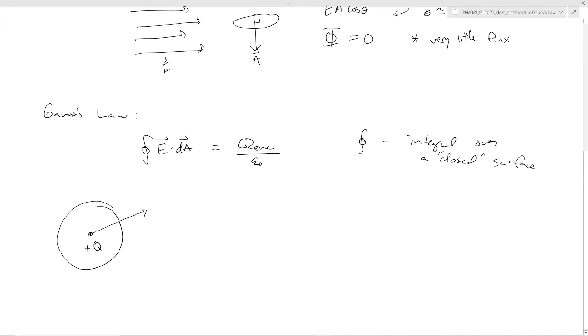And they're going to be perpendicular to the sphere. And if you think about it, the area vector would be pointing radially as well everywhere on this sphere, it means that E and A are going to be aligned. So in this situation, this is very convenient for us because our E dot dA is going to become just E dA.